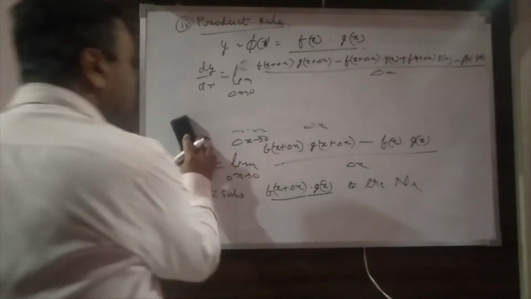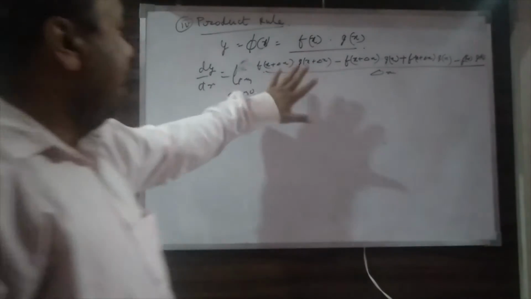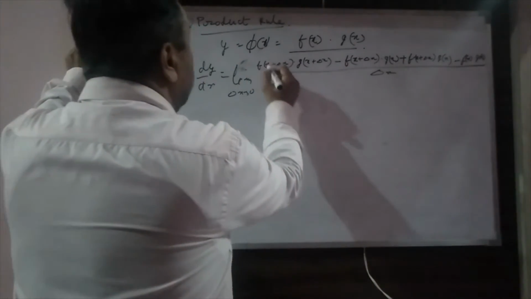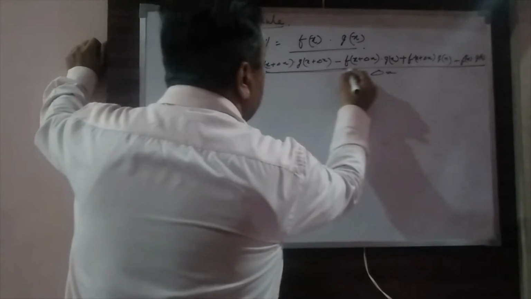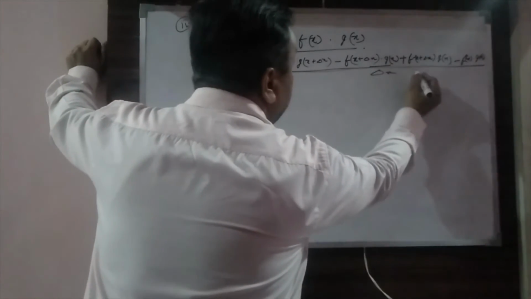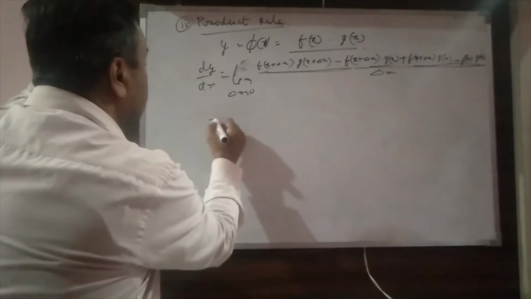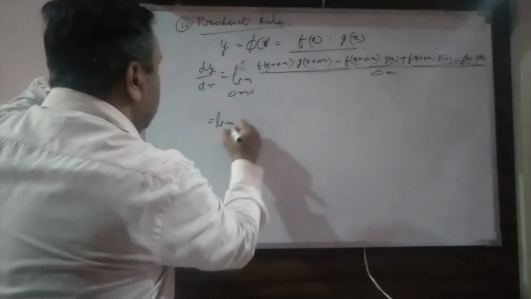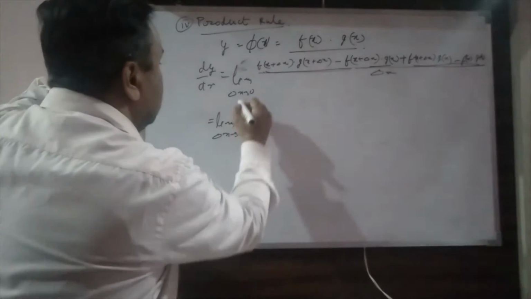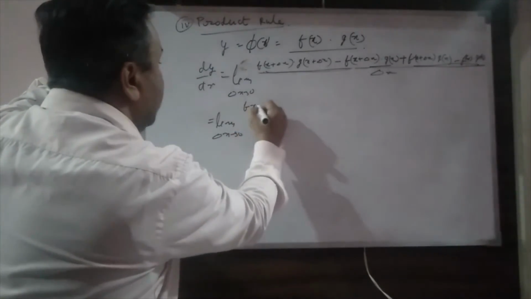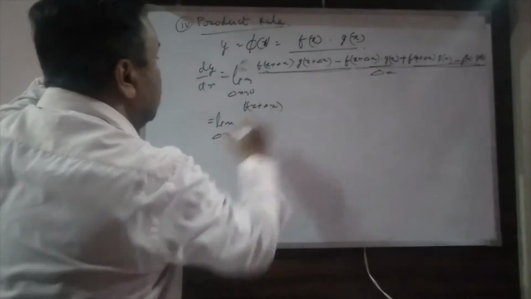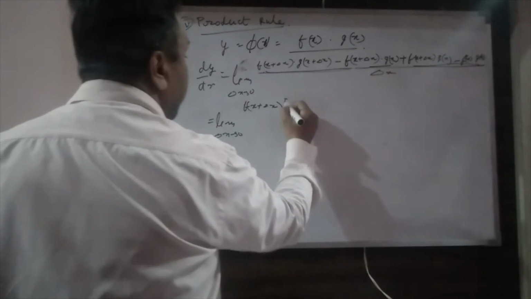So the next step will be grouping. In grouping, I will take these two terms at one place and these two terms at one place. In these two terms, there is one common factor, f(x + Δx). You can see this is a common factor. So what will be remaining there?